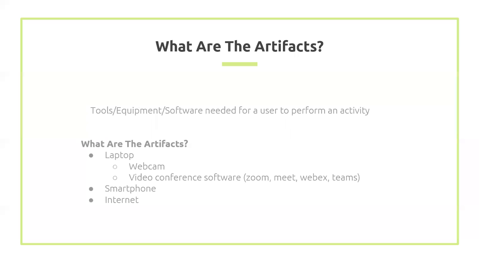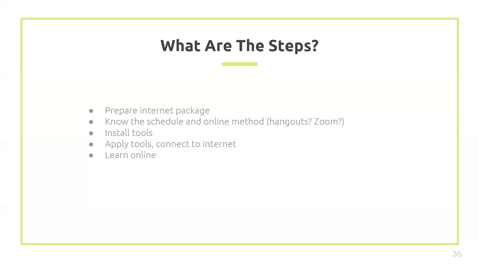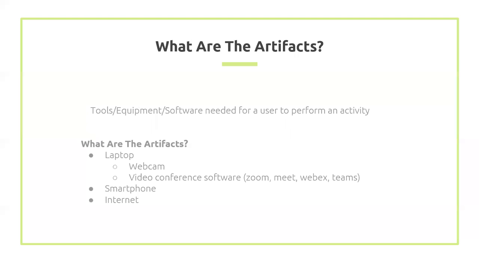All right. Now, artifacts. Artifacts include tools, equipment, software, or whatever is needed for a user to perform an activity. So if before were the steps required to get the goals, these are the artifacts. For online learning, this includes a computer, which can be a laptop or a personal computer. You can use a mobile phone, tablets, whatever.